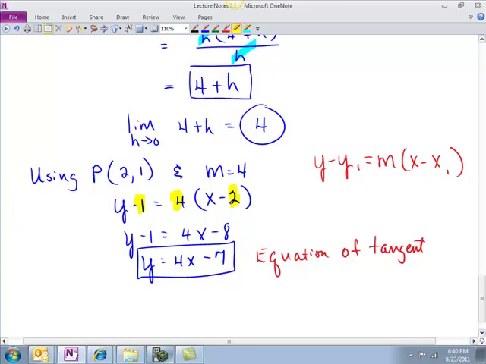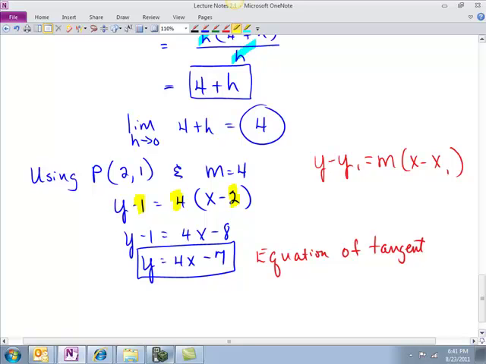That's the equation of the tangent line at that particular point. The slope of the tangent line is the limit as h goes to 0, as that distance between those 2 points, p and q, goes to 0. So the slope of a curve is the limit. We're going to do it with a limit process.